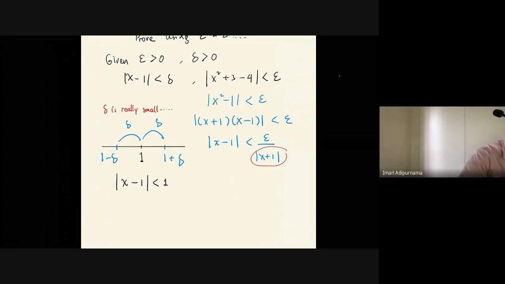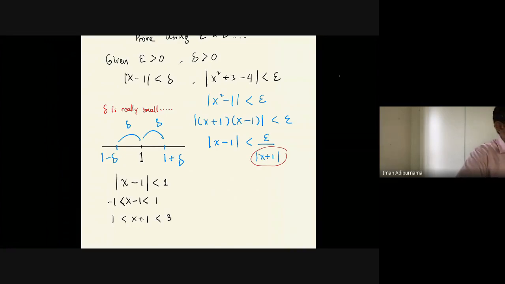Okay, I can rewrite this inequality, removing the absolute value, and it will be -1 here, +1 here. I will add 2 to all numbers here, and you will see 1 less than x plus 1 less than 3.